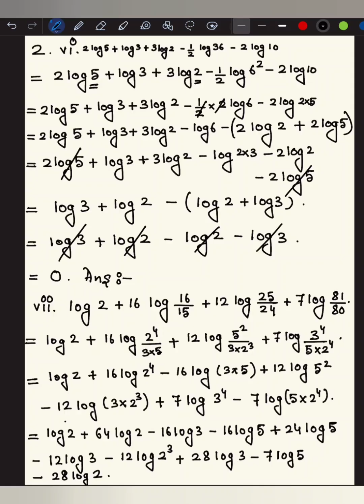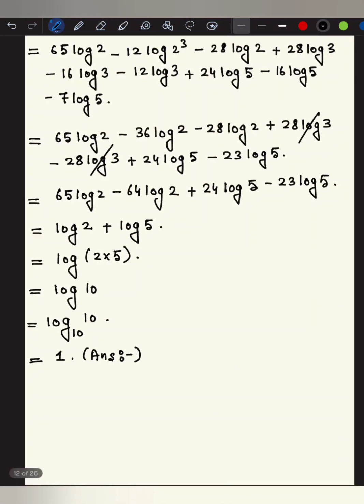So log 2 related terms means log 2 plus 64 log 2, that means 65 log 2, and then minus 12 log 2 cube, and at last minus 28 log 2. So I have written all of them here: 65 log 2 minus 12 log 2 cube minus 28 log 2.